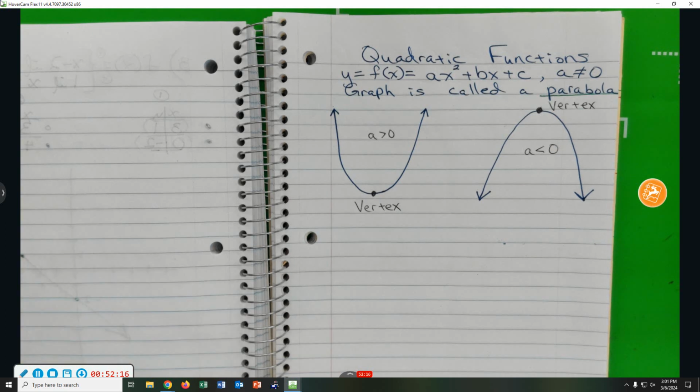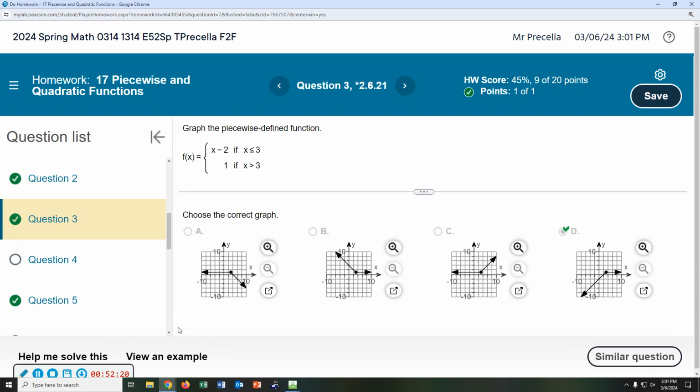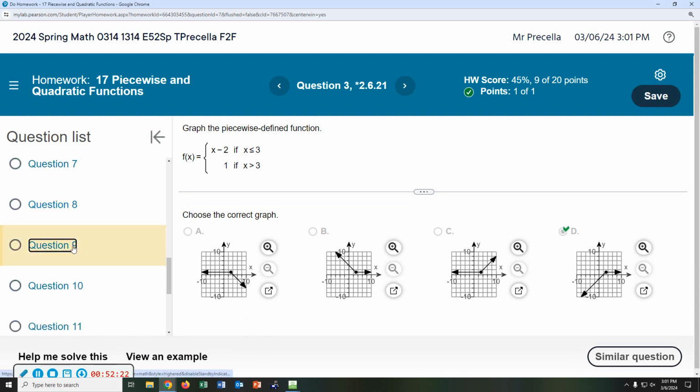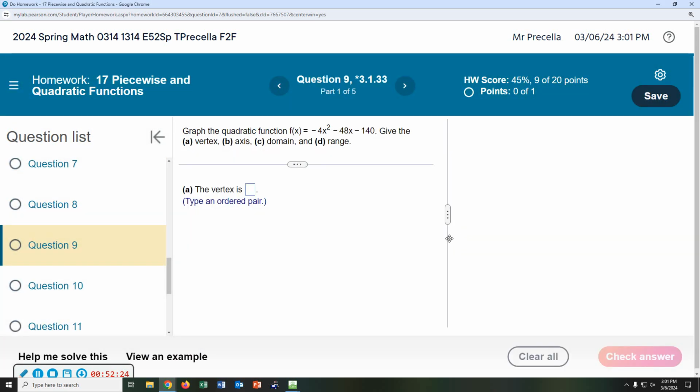So just by looking at the equation, the first one we're going to do, I think it's number 9. Yeah, okay. Do we expect the U to be opening up, or do we expect it to open down? Down, because that a value is negative.